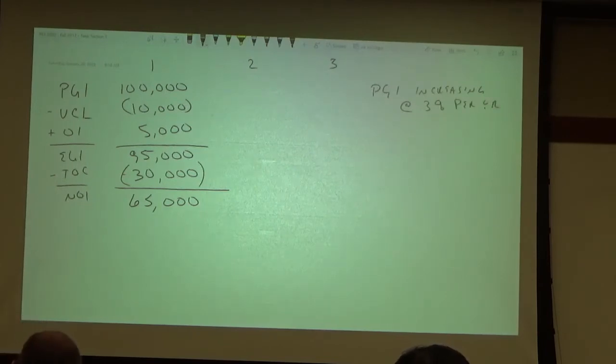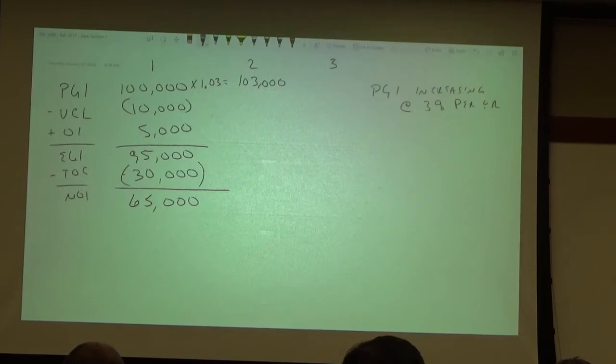All you do to achieve that is a very simple calculation, but a lot of people screw this up: you multiply the first year by 1, in other words by itself, and then tack on the 3%. So you're multiplying it by 1.03. When you do that, you end up with $103,000 for that second year of income.